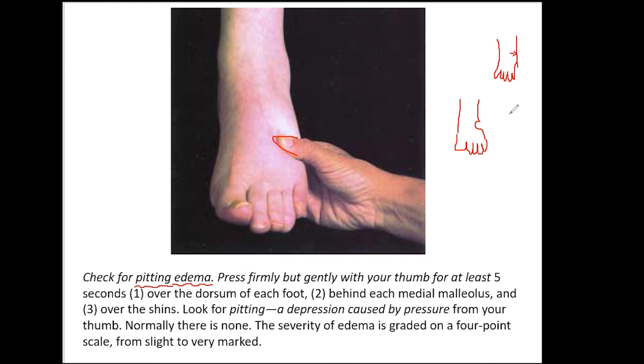PT edema is basically caused by water retention between the cells. So we have more water between the cells. When you put your finger there, you move the fluid to the side, and it does not immediately come back.